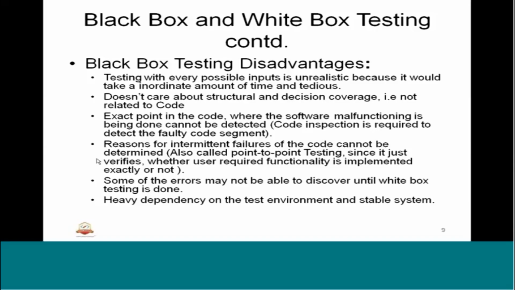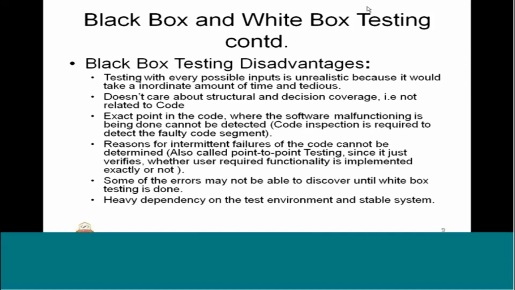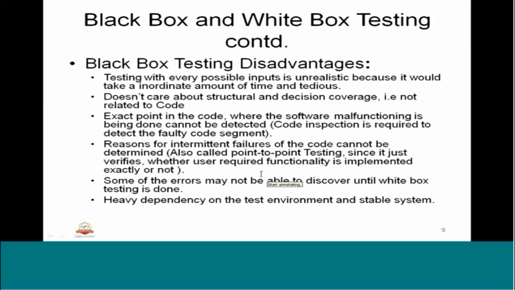Though in a nutshell, while doing testing at black box level, it appears to be a simple failure, but that failure should be able to be reproduced. This is one important term that is being used: reproducibility.